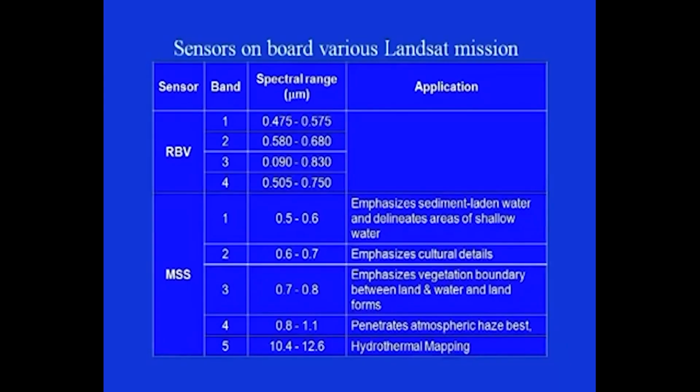Having looked at the various parameters related to the orbit, the coverage area, the sensors, and the spectral bands in which they are collecting the information, now let us look at the specifications of the various sensors which have been on board.